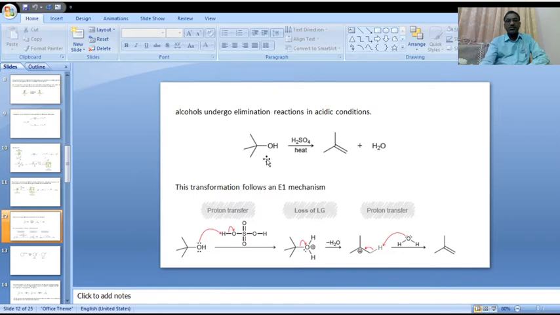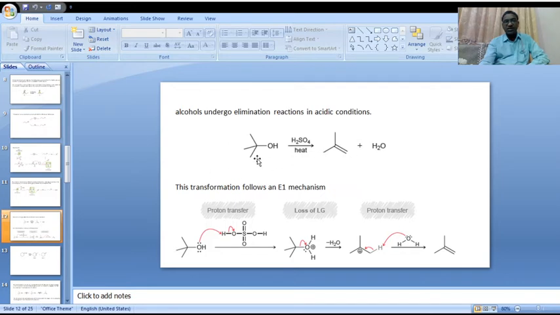Here, loss of a water molecule from this reaction forms olefins. Is it clear? This is the reaction part in a single step.